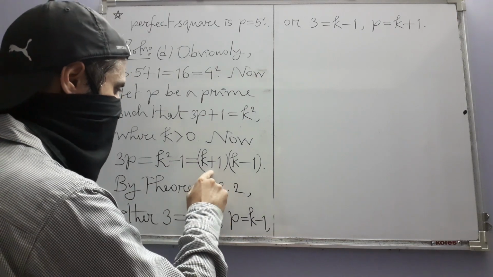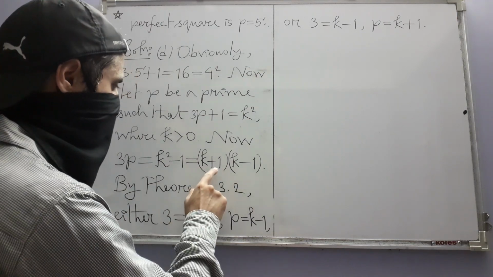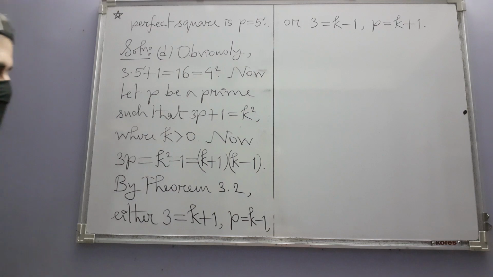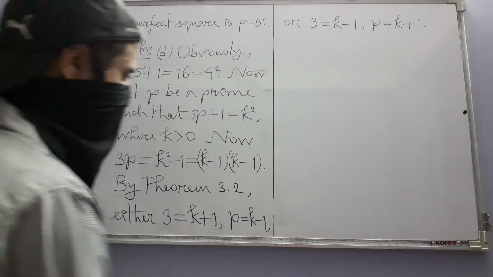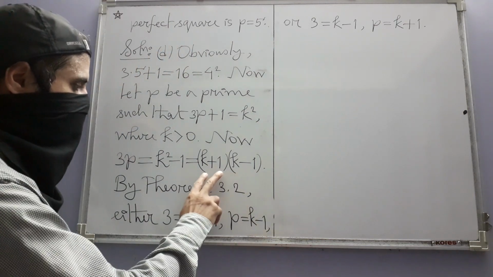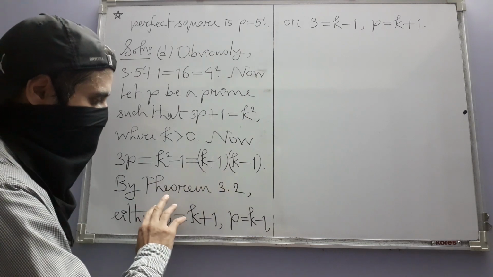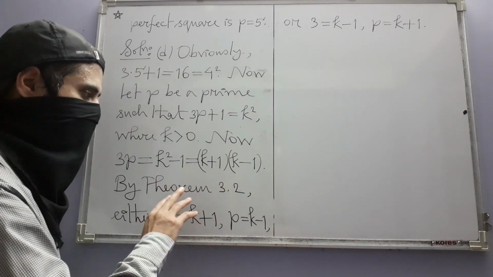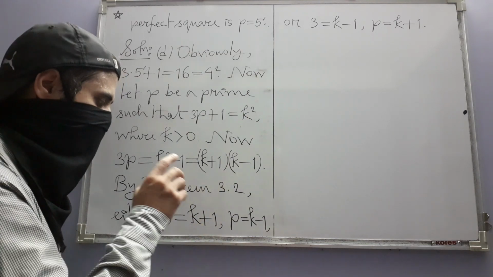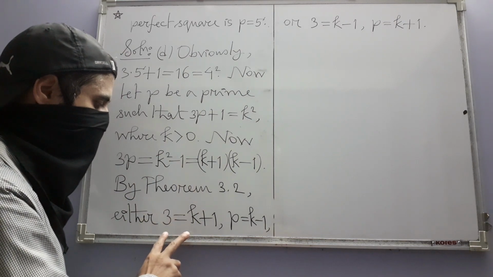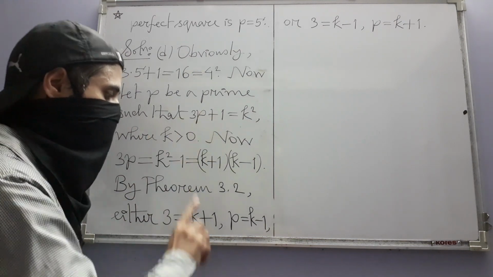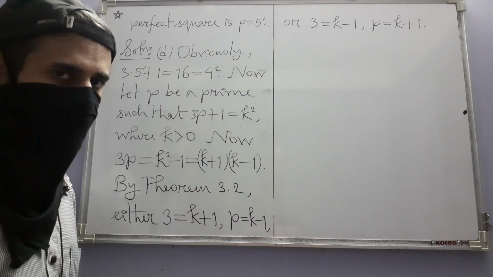Or one of these two things may be actually equal to 1. That is also a possibility. But you will see that if you argue with these things, you ultimately get to the conclusion that one of these two things has to be true.